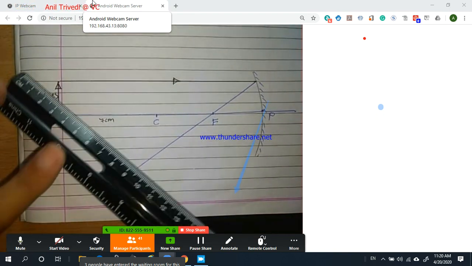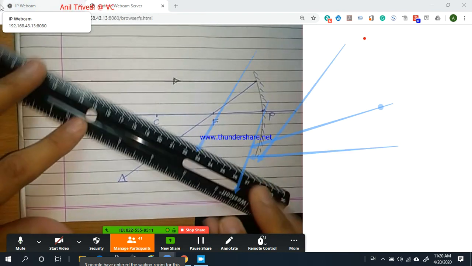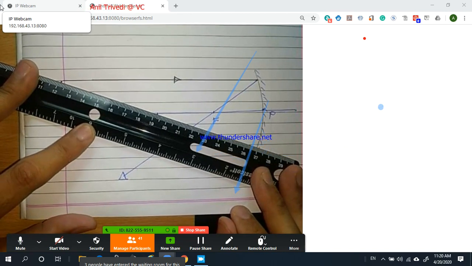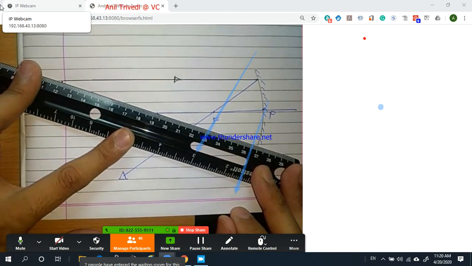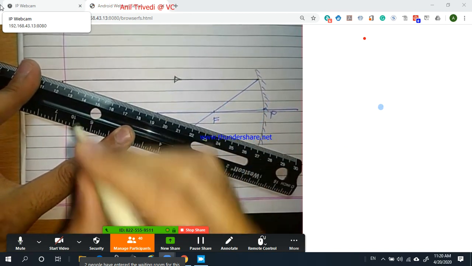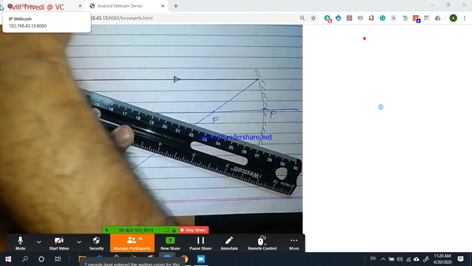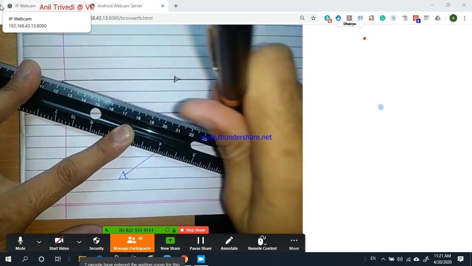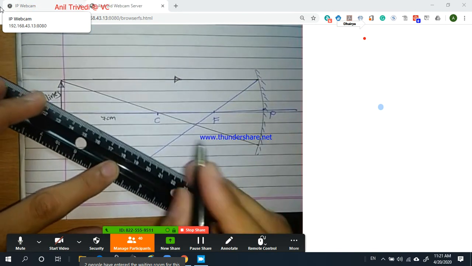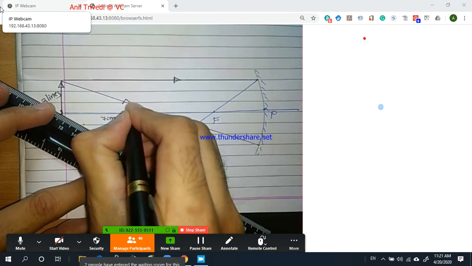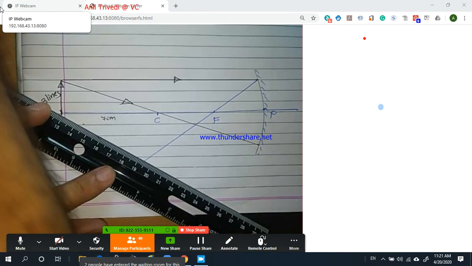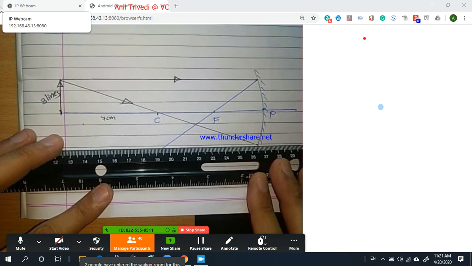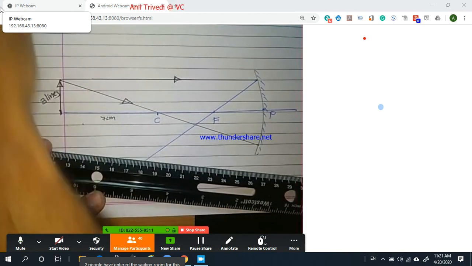Another ray we will let pass through C. So one at the top of the object, another is at C. Black color pen for the incident ray. This is the incident ray. Where would the reflected ray go?